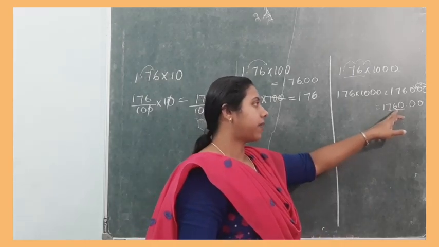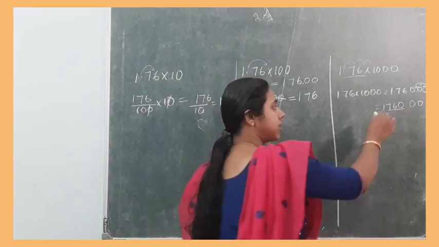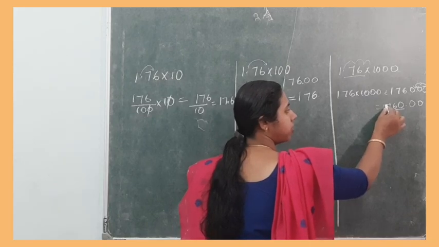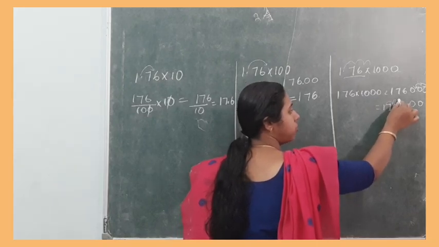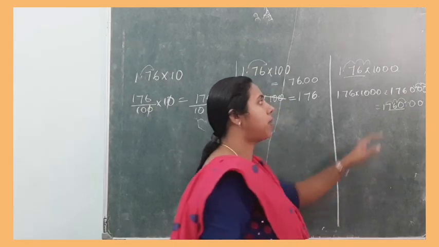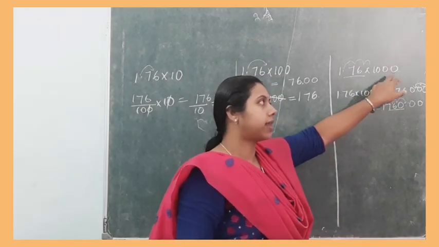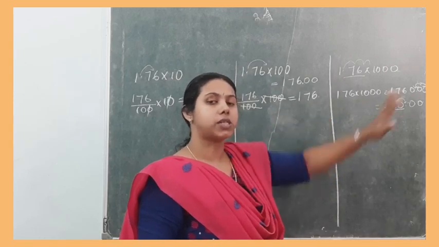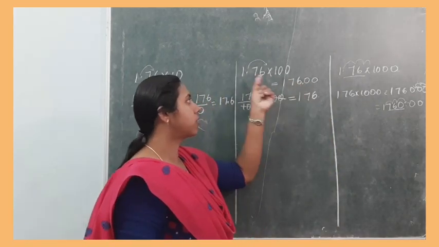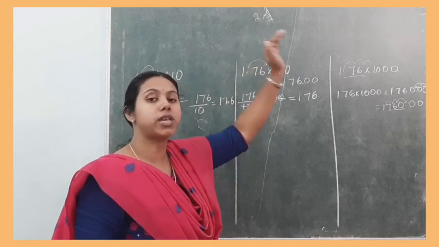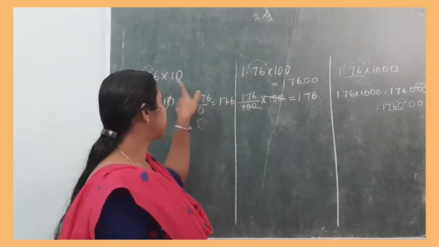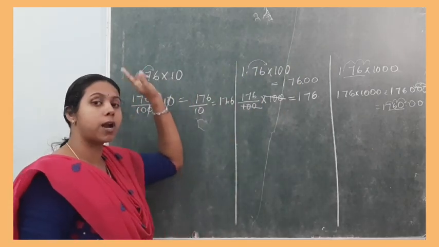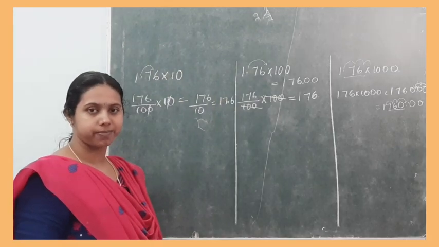So 1760. The decimal point moved 3 places to the right when you are multiplying by 1000. There are 3 zeros, so the decimal point will move 3 places to the right. Here 2 zeros, so the decimal point will move 2 places to the right. Here 1 zero, the decimal point moves 1 place to the right.